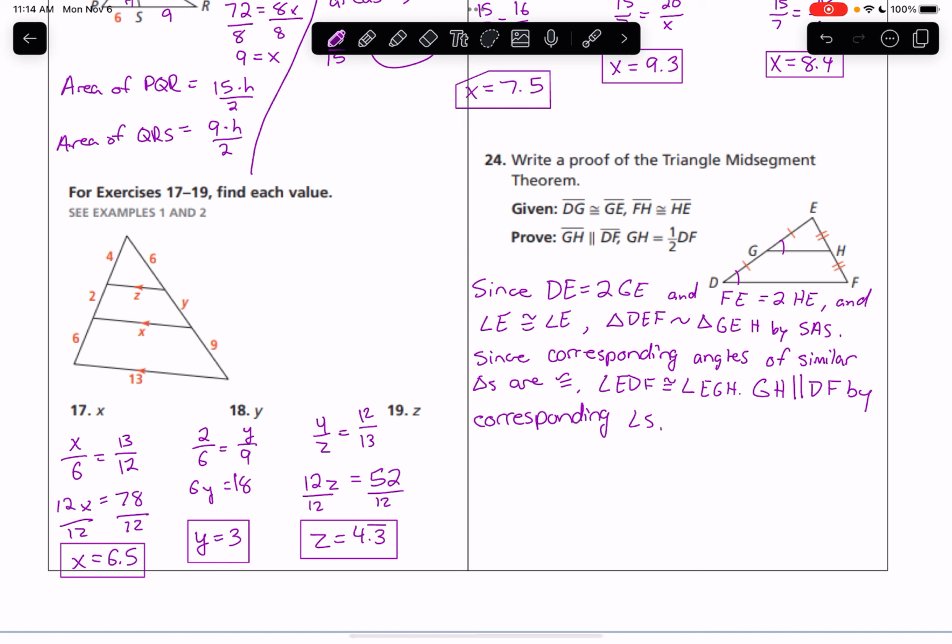And we also know that the triangles are similar with scale factor 1/2, since we know that DE is congruent to 2GE. So DE is twice as long as GE.